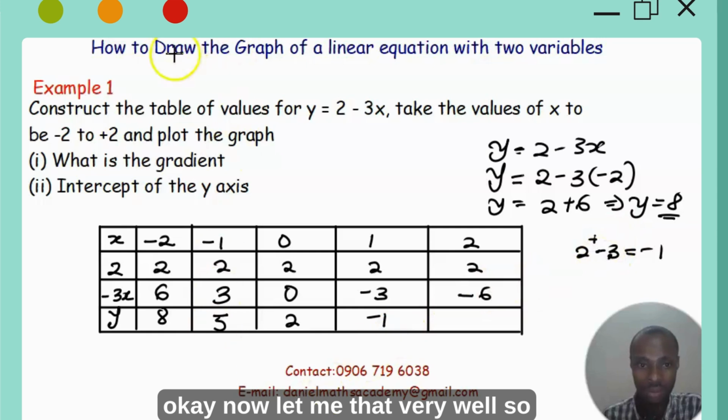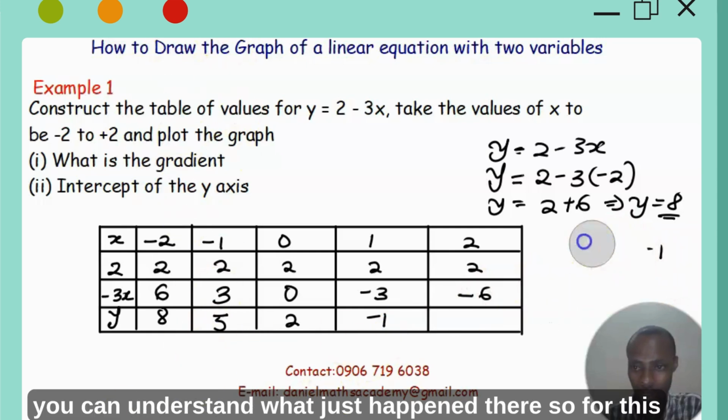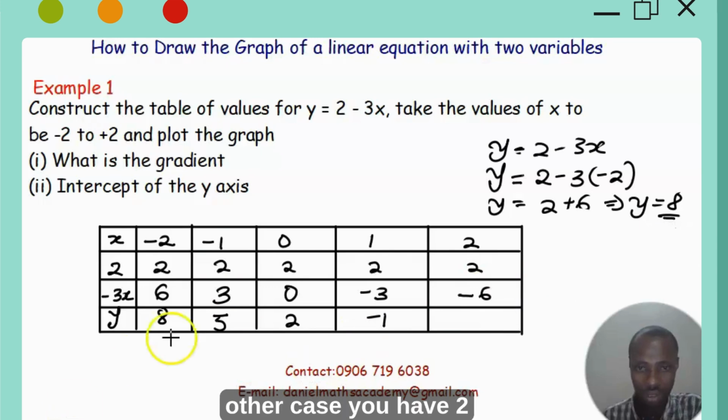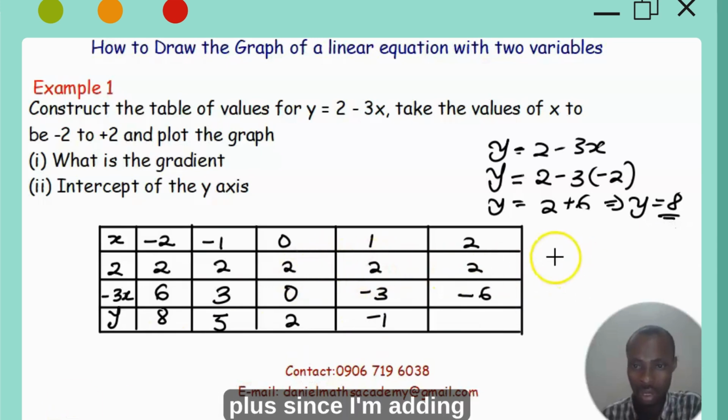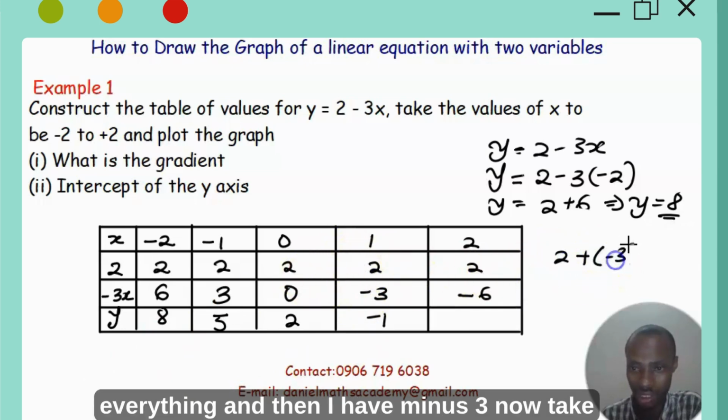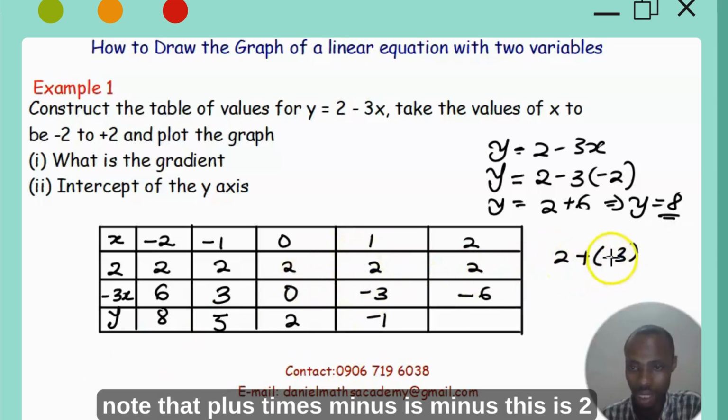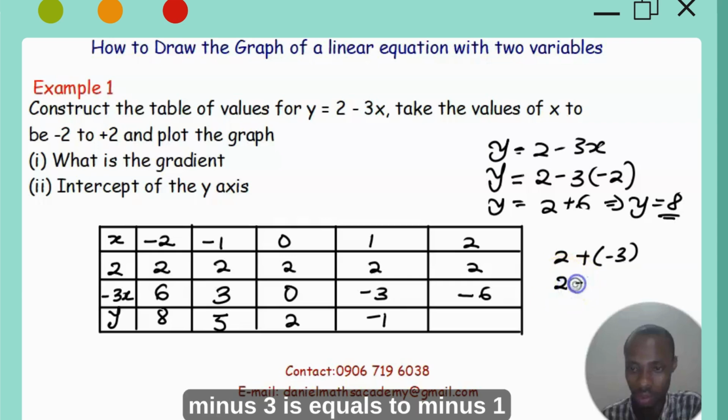Now let me do that very well so you can understand what just happened there. For this other case, we have 2 plus, since I'm adding everything, and then I have minus 3. Now take note that plus times minus is minus, so 2 minus 3 is equal to minus 1.